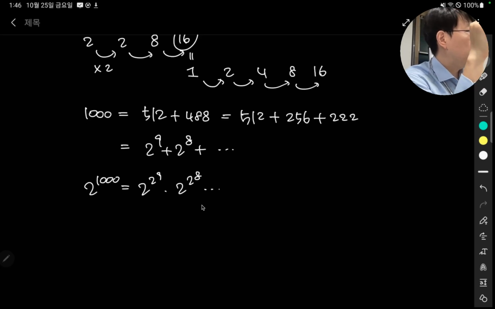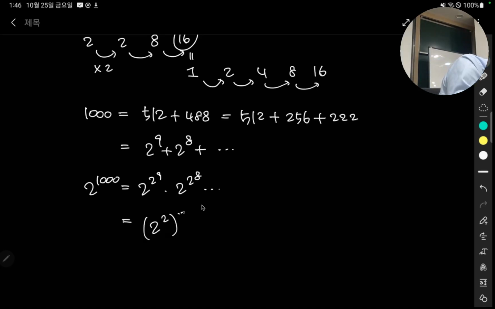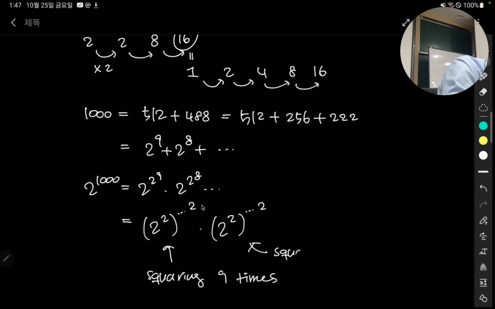It's by taking repeated squares 9 times. So you don't actually need to compute the multiple of 2 500 times, because it takes a lot of time. Instead, you can just take 9 operations by taking squares. So you just take the square of squares 9 times, and here you take squares 8 times, and so on.